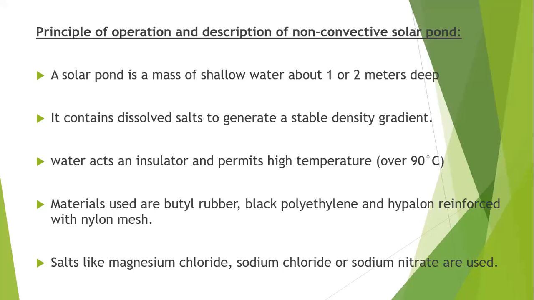So due to this convective mixing, we cannot attain high temperatures in the pond. Only small temperatures are attainable, below 20 degrees.